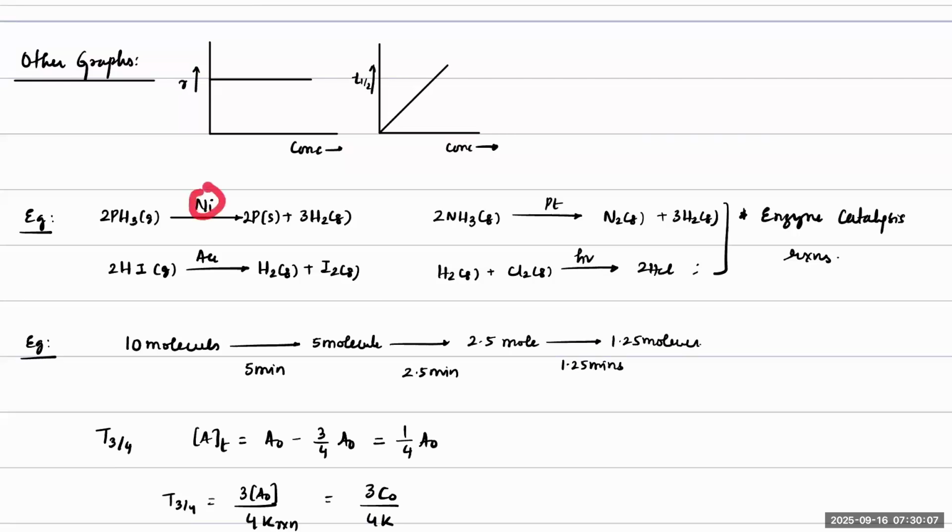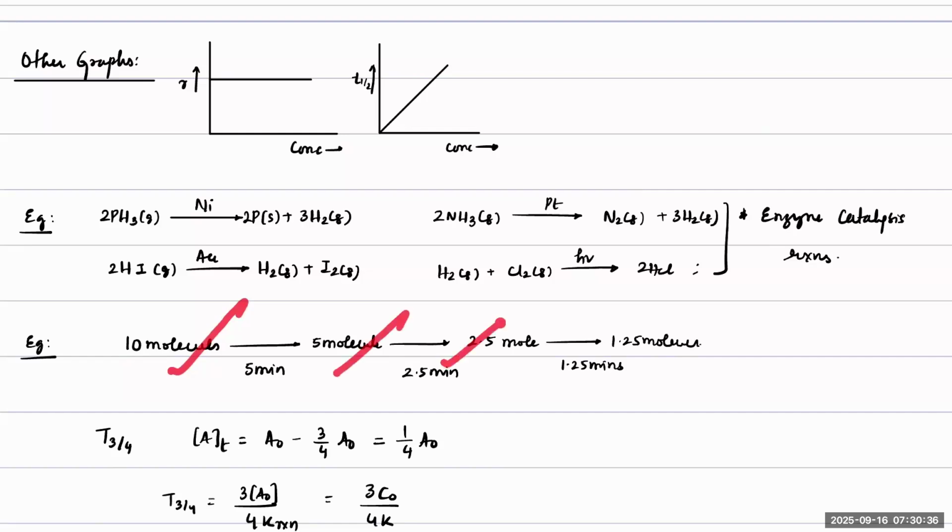Usually, metal adsorbed catalytic reactions are zero order reactions. Clear beta? So metal is absorbing some amount of gas and then some reaction is happening there, like Haber process, hydrogenation reactions. So all these kind of reactions are generally zero order reactions. Clear?